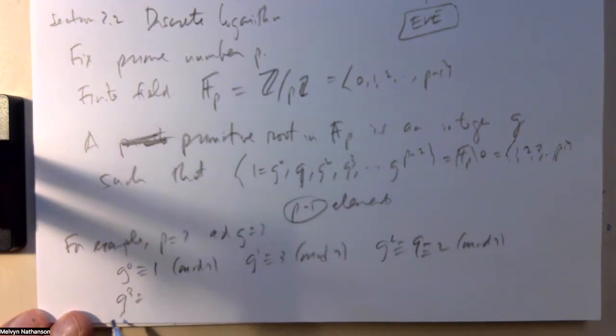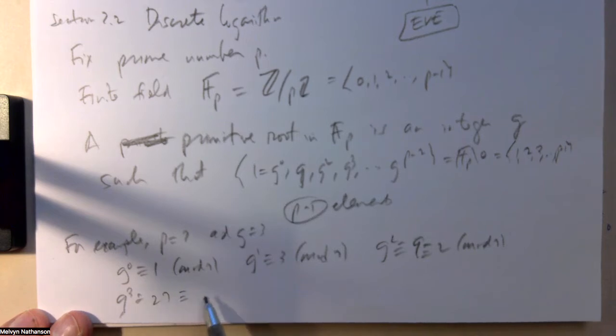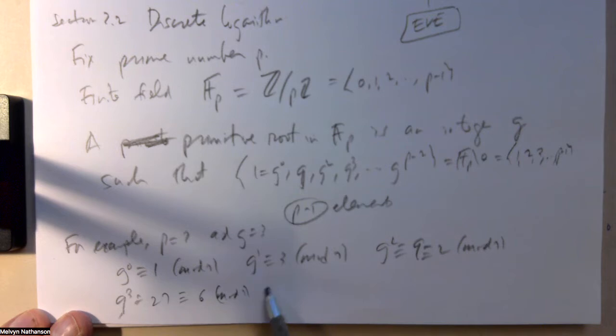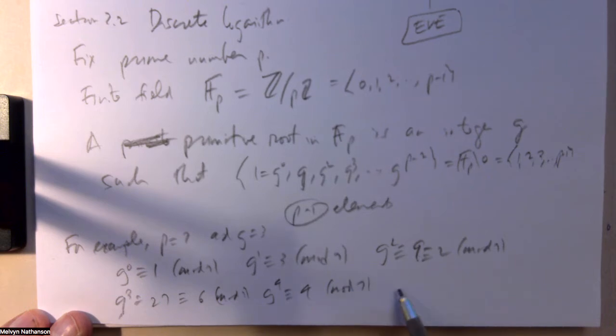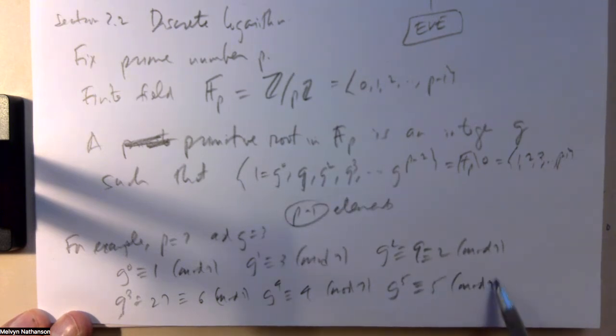G cubed is 27, which is 6 mod 7. G to the fourth is G squared squared, so that's 4 mod 7. And G to the fifth is 3 times 4, is 12, is 5 mod 7.